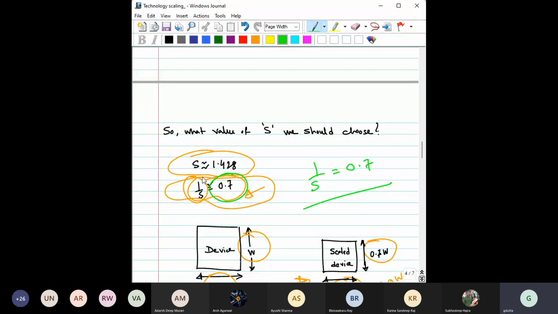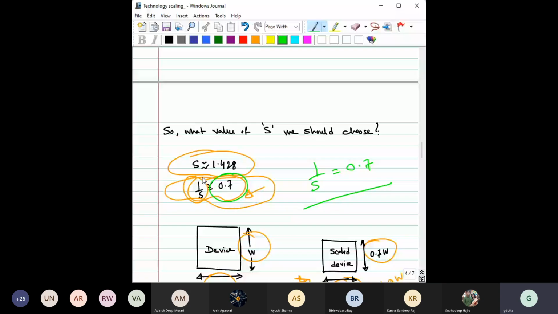And then the industry has worked hard to make the law correct. It says that after 2 years, the number will become double. There is no physical reason behind it. So the industry has taken it as a standard: this is our goal, so we have to make this happen. That's how it became a law, and so far it is still valid.